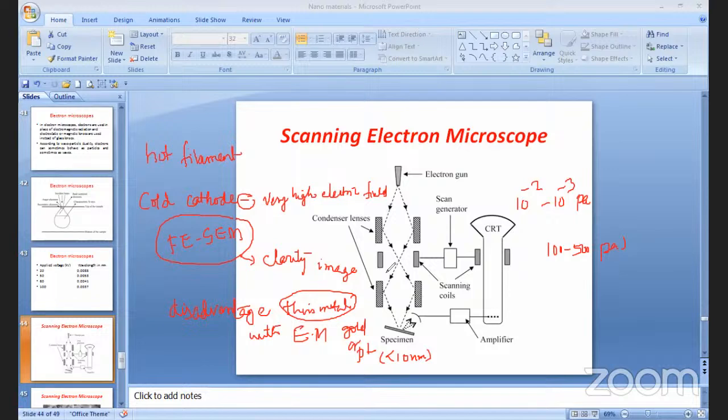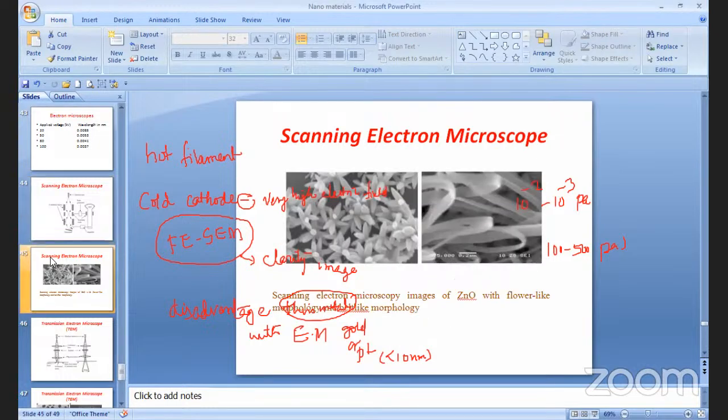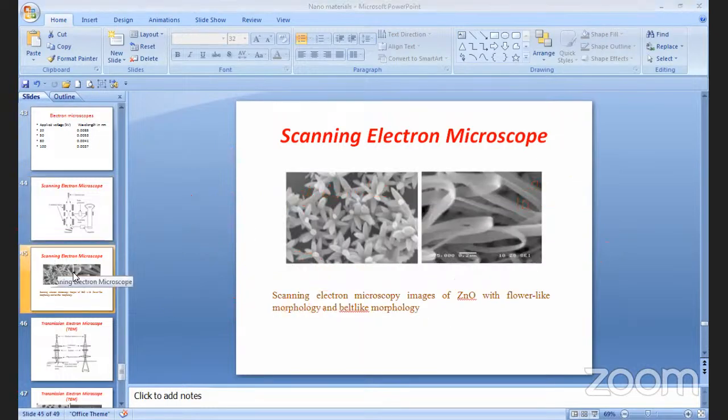Okay. So here we have some image of SEM.